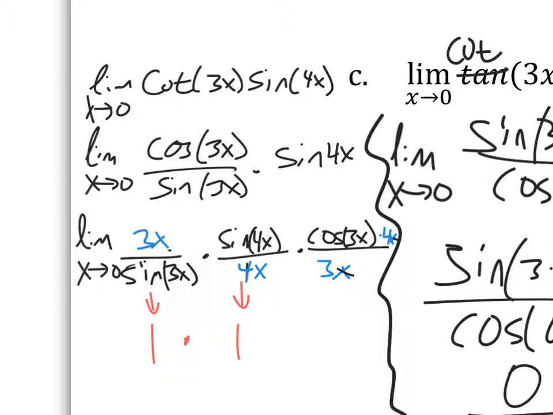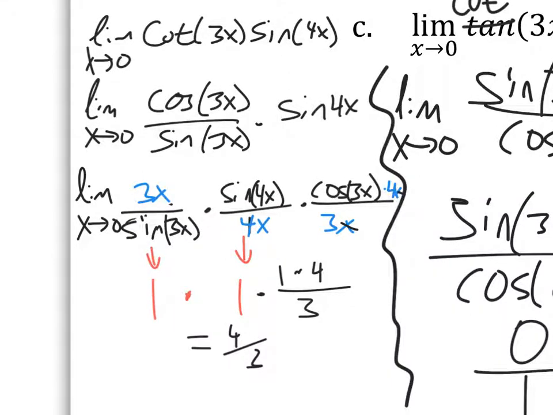And so plugging in 0 here, cosine of 0 is 1 times the 4 that's left over there over the 3. And what are we left with? 1 times 1 times 1 times 4/3, which is 4/3. Okay, that's a better question than what was printed. And on a test, that's probably what we'll see because that's what we need to work on. All right?